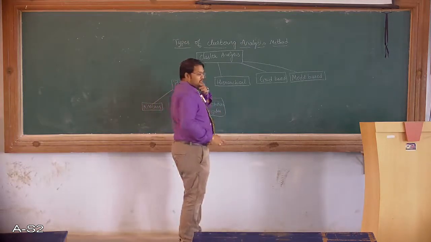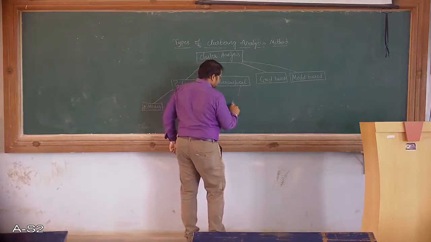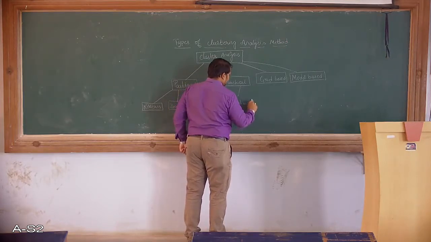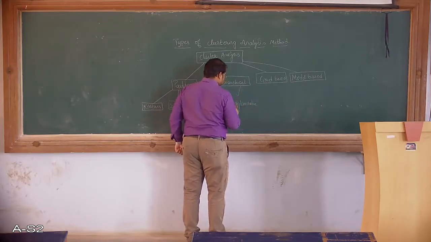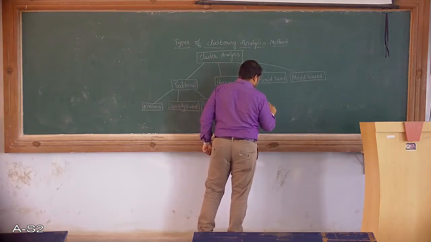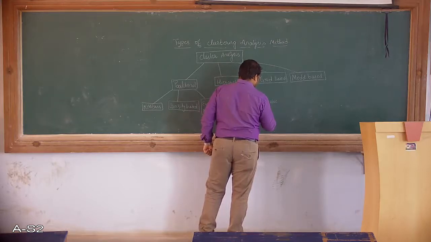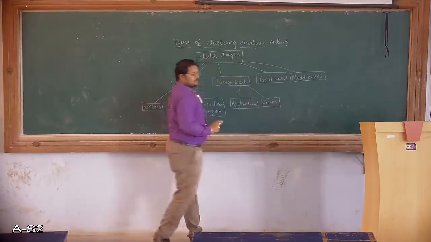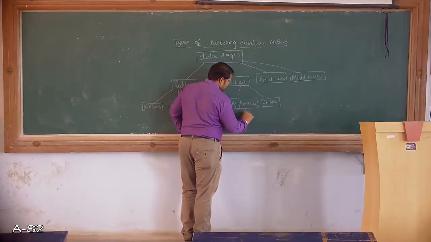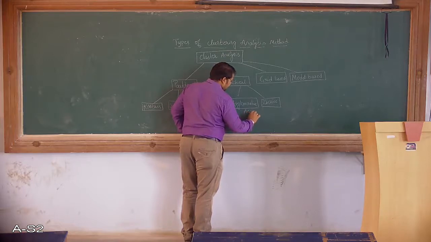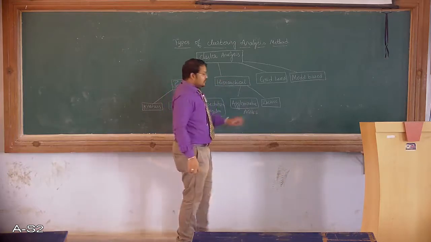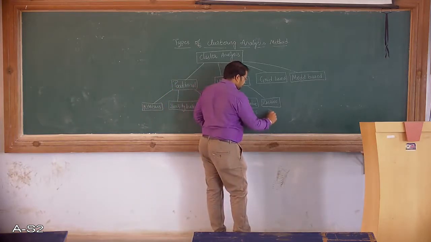In hierarchical clustering we have agglomerative, and one more is divisive. Sometimes agglomerative clustering is also called Agnes, A-G-N-E-S, and divisive clustering we call Diana.